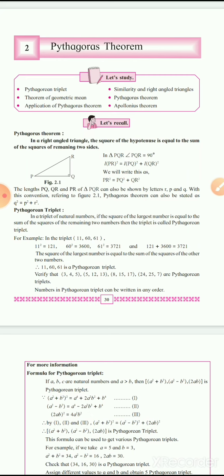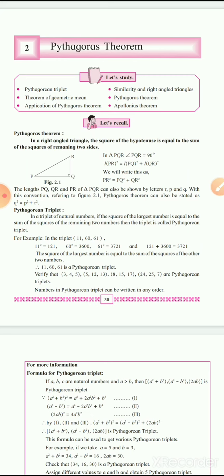So the square of the largest number is equal to the sum of the squares of the other two numbers. So 11, 60 and 61 is a Pythagorean triplet.